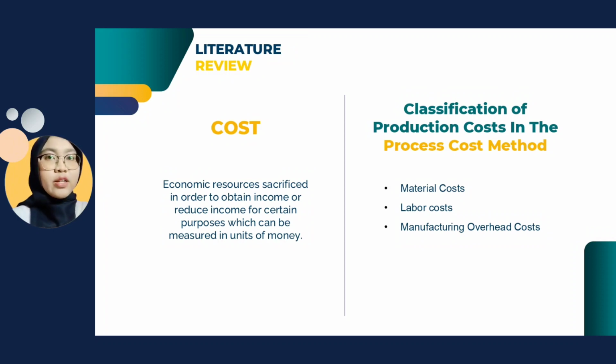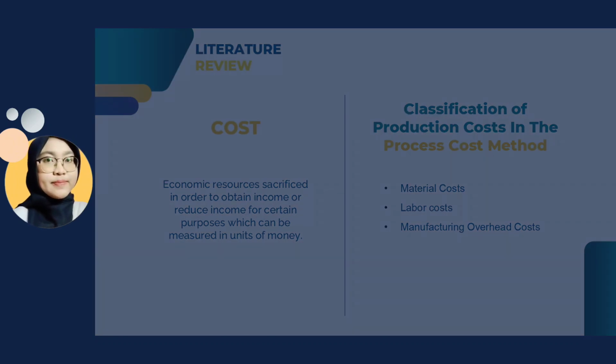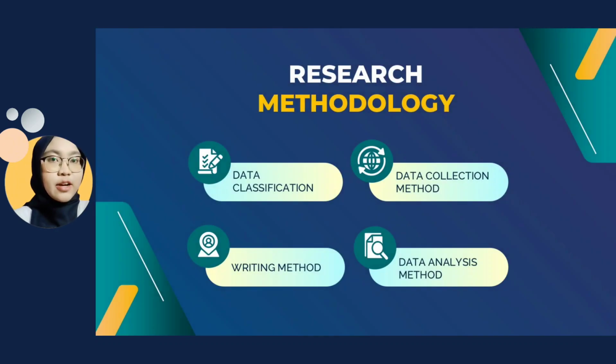Factory overhead costs using the process cost method include all production costs in the production department apart from material costs and labor costs, plus costs in supporting departments in the factory. If the company does not have an auxiliary department, factory overhead costs include all elements of production costs other than material and labor costs.